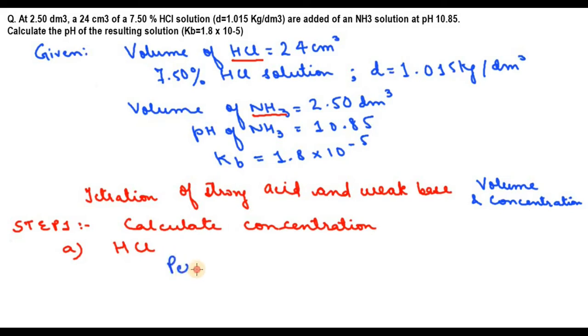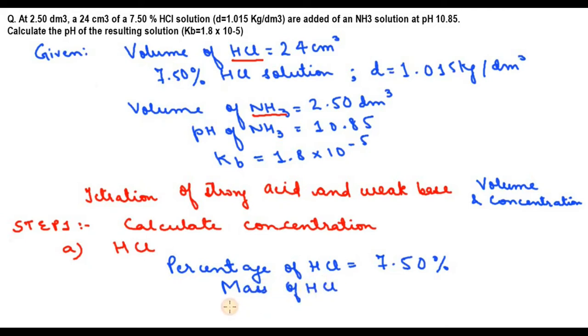It is given that percentage of HCl is equal to 7.50%. Let's consider it to be mass percentage. So we can write it as mass of HCl over mass of solution is equal to 7.50 over 100.